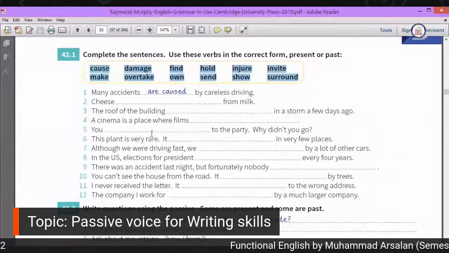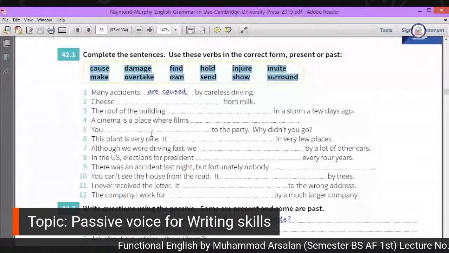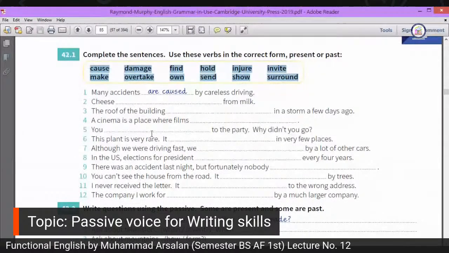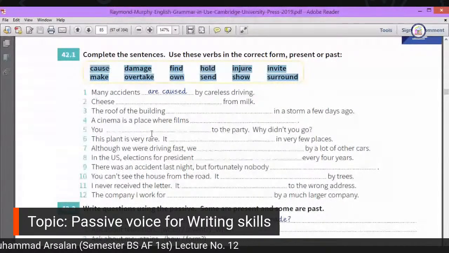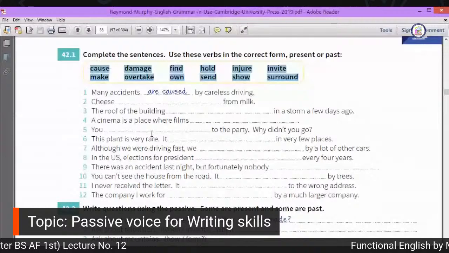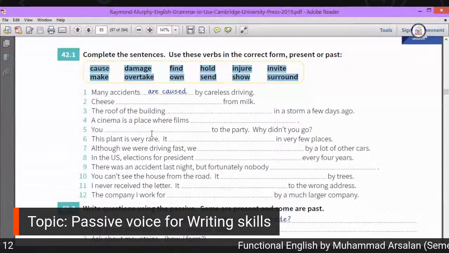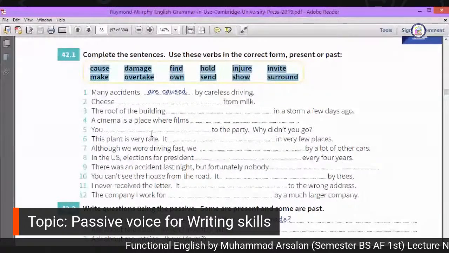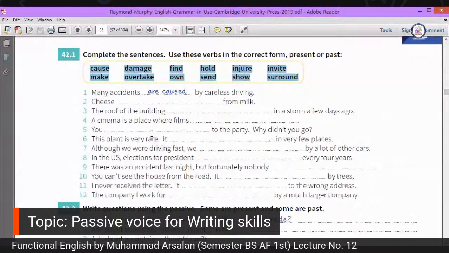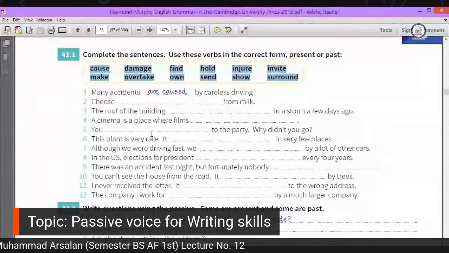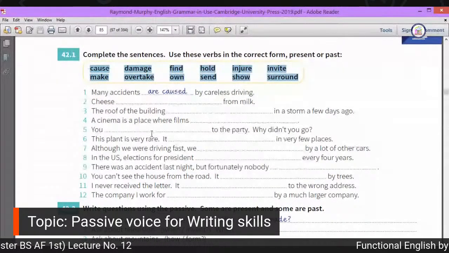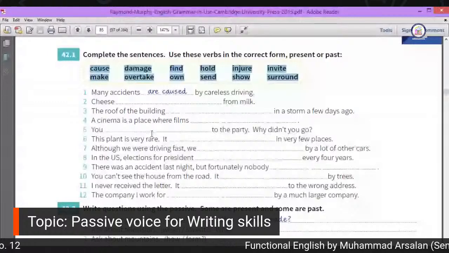Cheese. What word would you use for cheese? Cheese are made. You can comment your answers. You can write these sentences in comments.